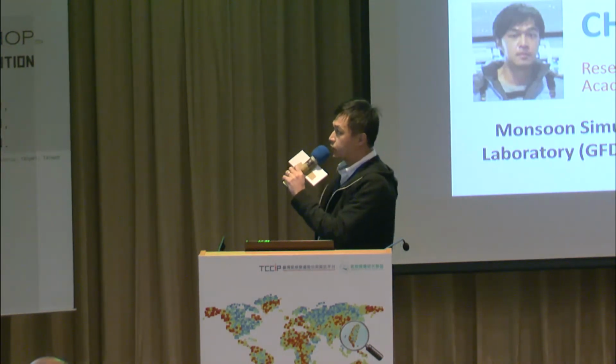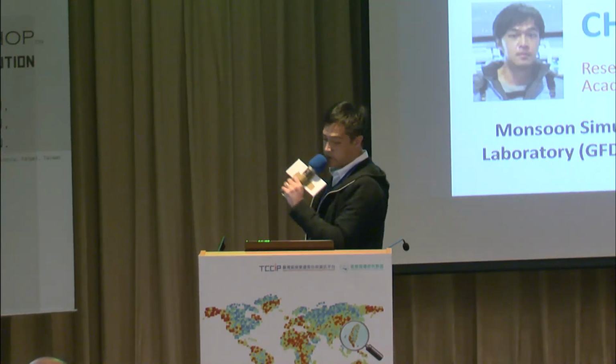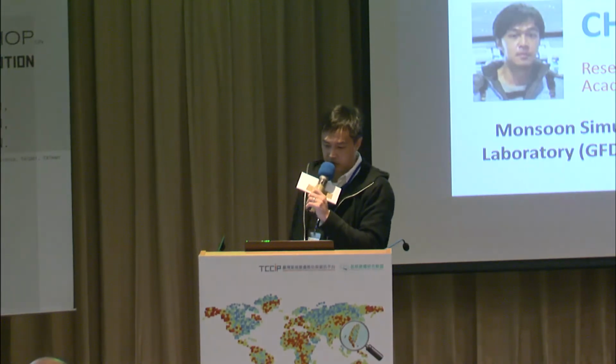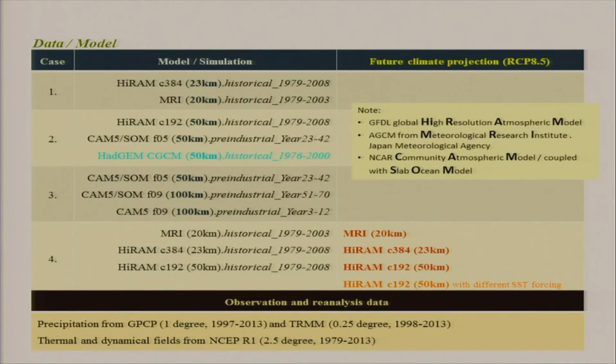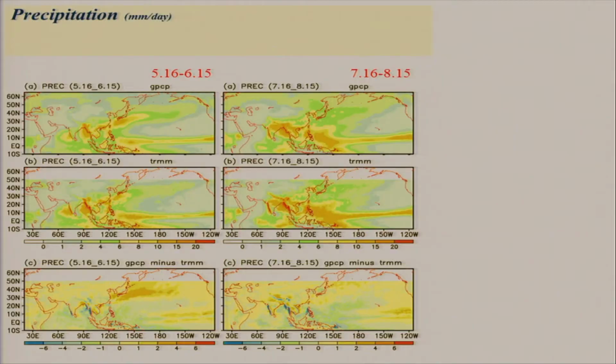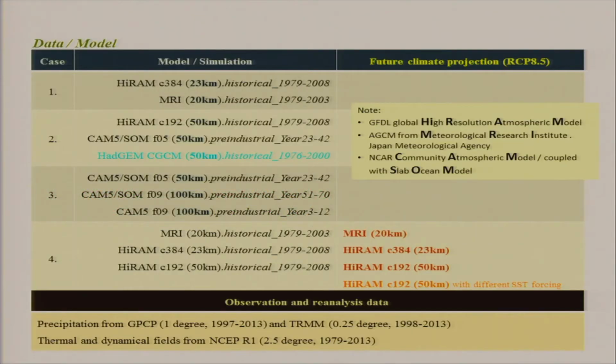I'm going to show you first the present-day monsoon simulation, and then the global warming impact. These are the data available for analysis. First, we have two high horizontal resolution model outputs, the historical one for the HiRAM model and one for the MRI.